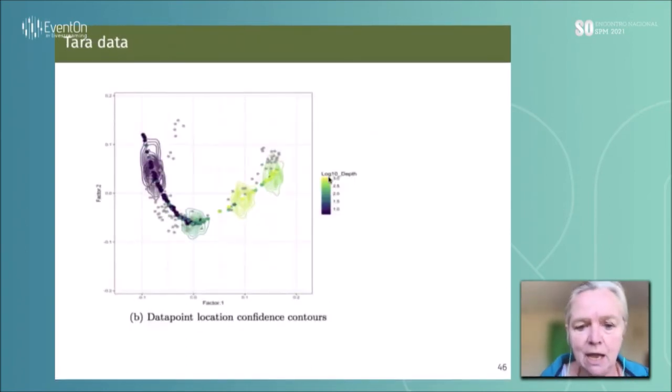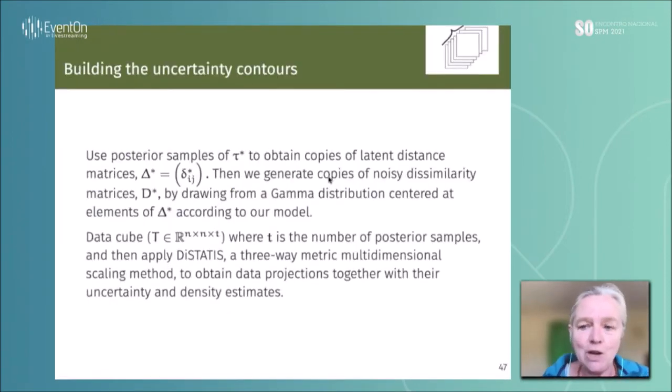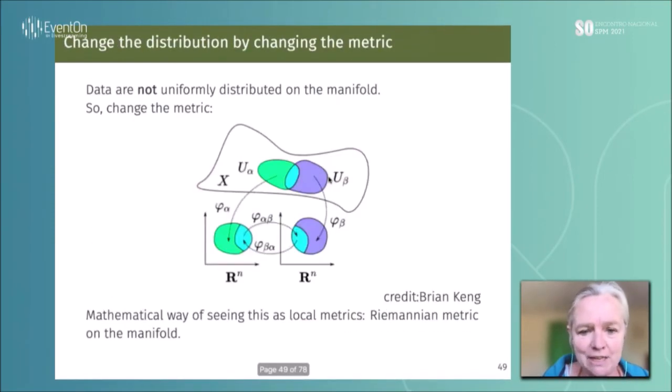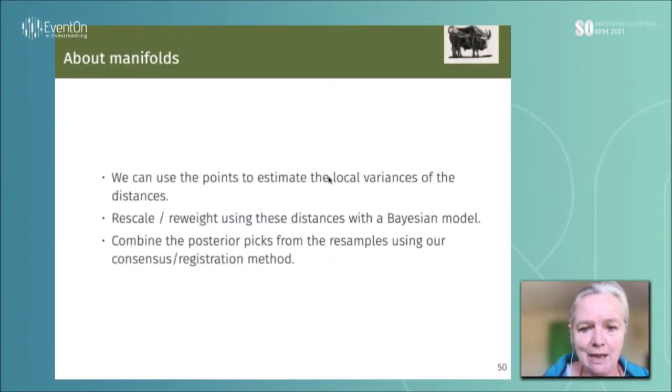We use Stan, and this is how we built the confidence contours. That is, we get a posterior distribution with our model, and we need to put it all together. We know how to do the uncertainty contours because I already told you about our RV coefficient. So we can put that together and compute all the different distances, and then do this RV coefficient, and project everything down on the consensus.